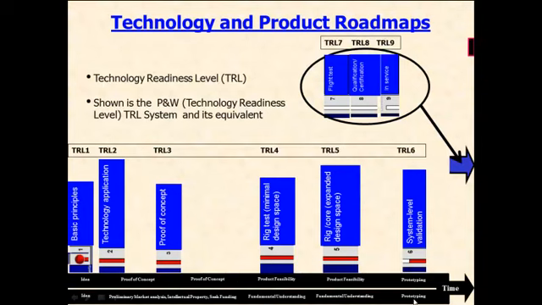Fundamental understanding and prototyping. As far as the R&D technology readiness level at Pratt & Whitney is concerned, you see there's a similar basic principle, technology application, proof of concept.